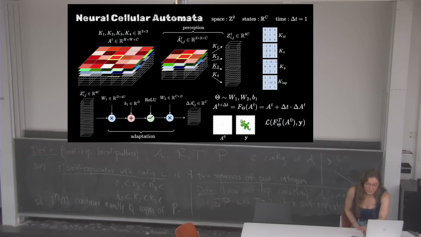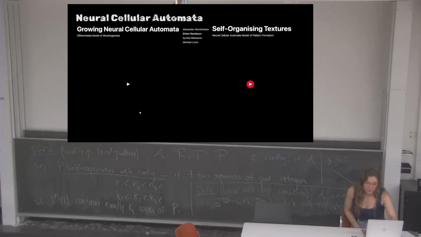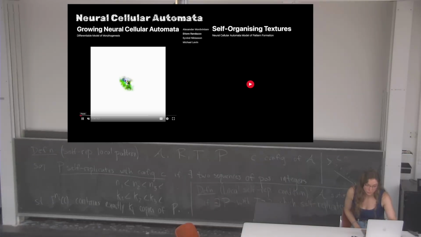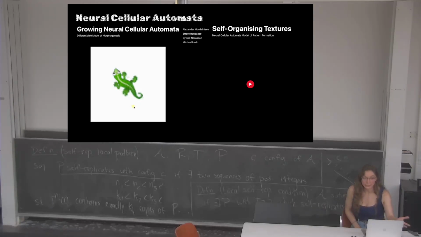And this is exactly, let's say, the first application of neural cellular automata we have seen, which caused a pretty big excitement. This was done by a group of researchers from Google Zurich, together with a biology professor from Tufts University, Michael Levin.